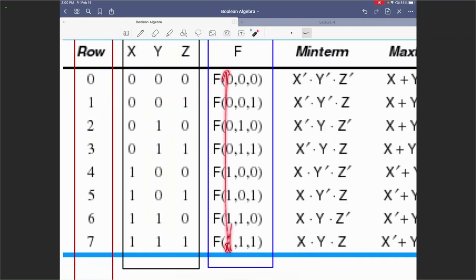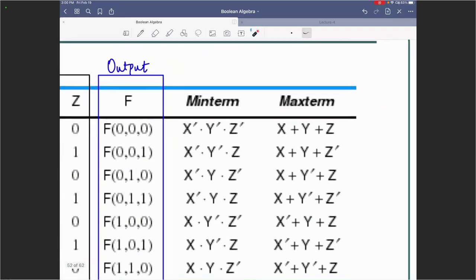By evaluating a given function for those 3 input values, 000 all the way down to 111. And it would be very convenient if I wrote this particular min term as small m for min term, with a subscript of 0 indicating the row number. So that is my min term 0, small m subscript 0.